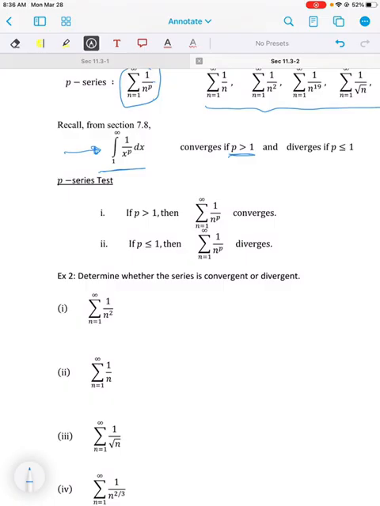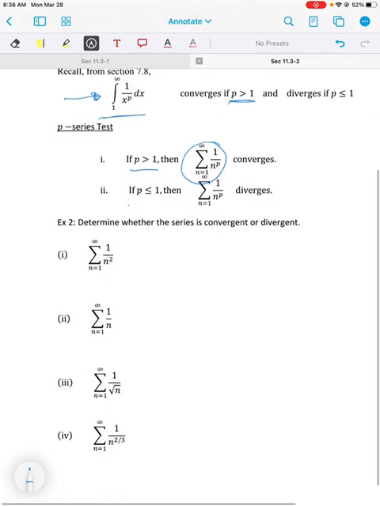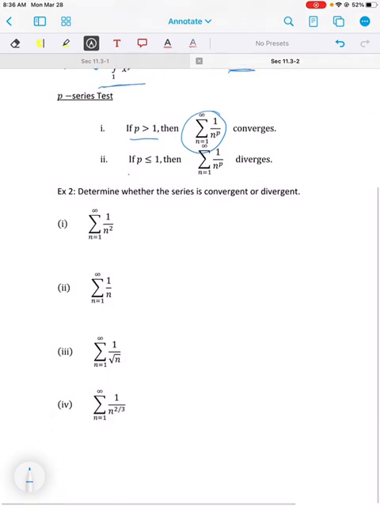It is based on this integral which we saw in section 7.8. We say that for a series, first you have to identify it's a p-series. So a p-series, something like this, converges if p is greater than 1, and it diverges if p is less than or equal to 1.